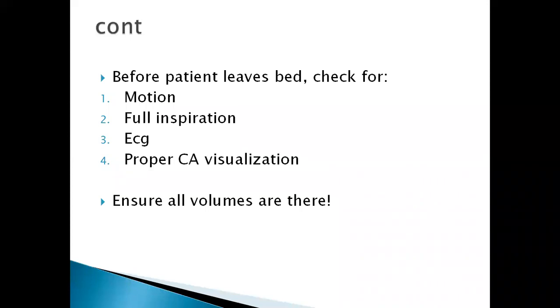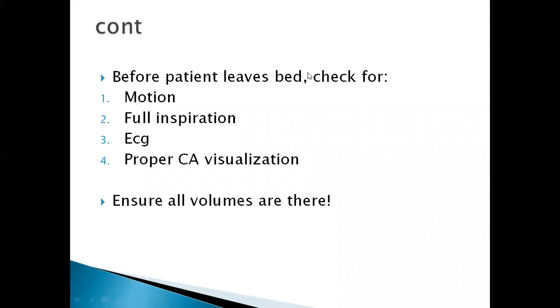But before the patient leaves the bed, you want to make sure that you have checked certain things. There's a small checklist that you have to tick before you remove the patient from the bed. Now you go to your volumes and start checking for motion.